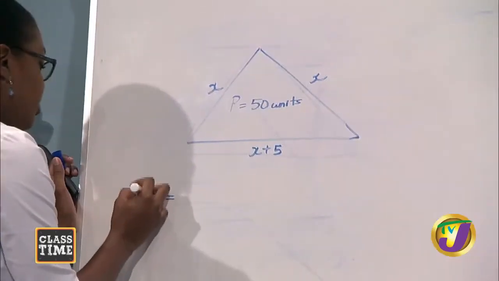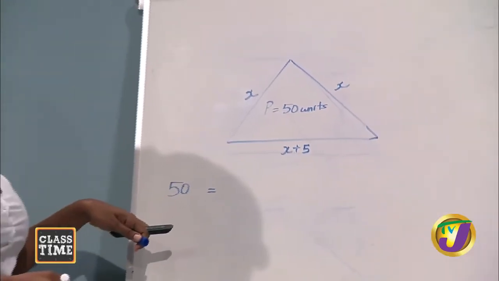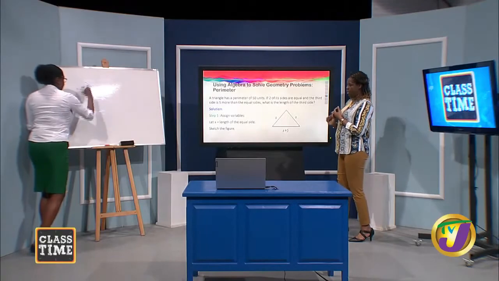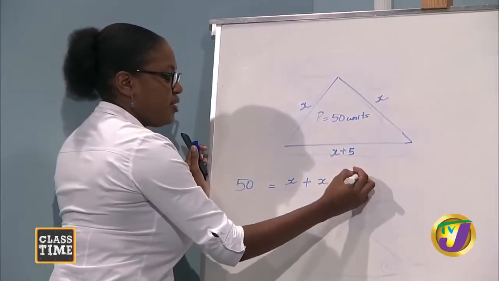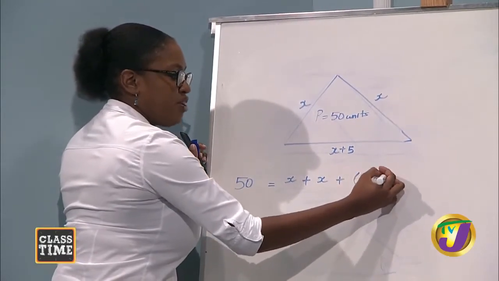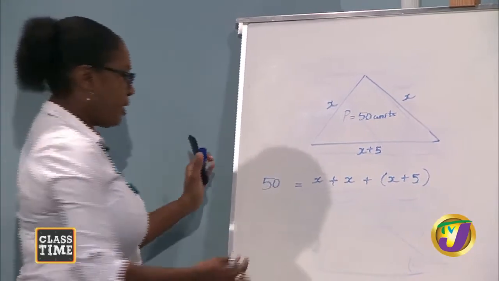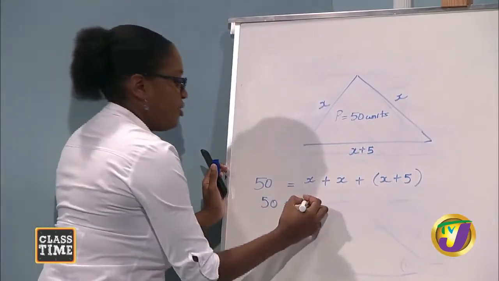I'm going to ignore the units for now. So 50 equals x, one side, plus another x, plus (x + 5), which I'll put in brackets. We can remove the brackets after. Removing the brackets, we can simplify.